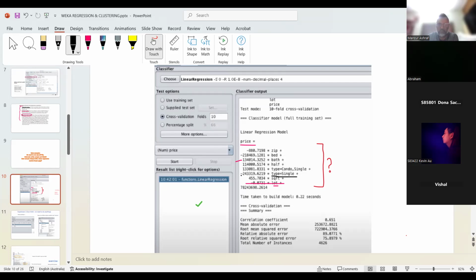It's a negative coefficient, minus 24, a big number, which means that if you increase the type single, it will lower the price heavily. So type single is completely opposite. If you get more type single, your price will go down. That you don't want, right?